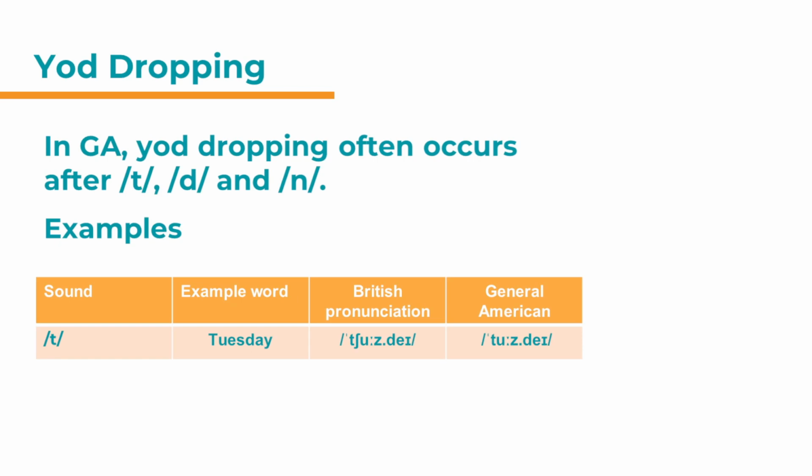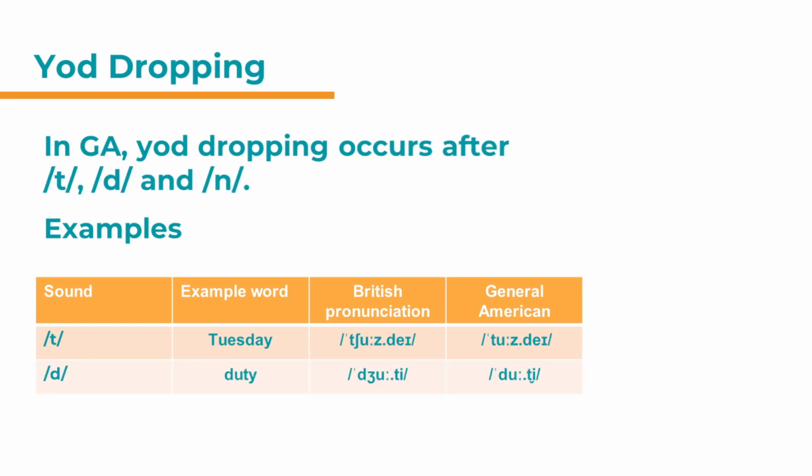Now, here we actually have two British pronunciations, RP Tuesday or Tuesday with a ch already. But in General American pronunciation with Yod dropping, it is Tuesday. The y has disappeared.